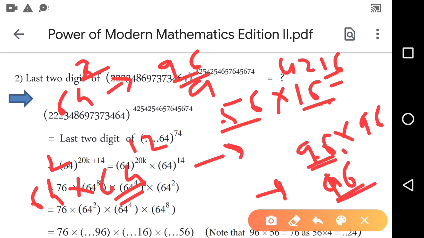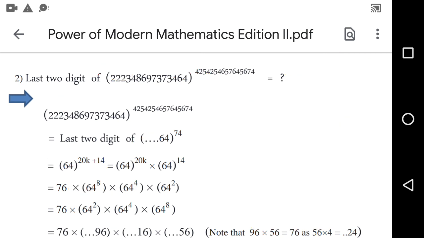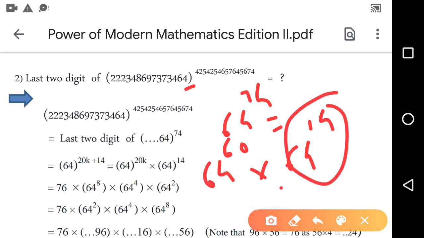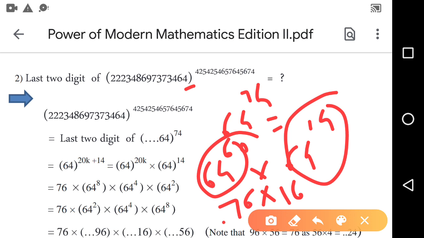So this ends with 16, friend. So up to this point, 64 raised to 74 is nothing but 64 raised to 16 into 64 raised to 14, and this ends with 16, and this ends with 76, friends.